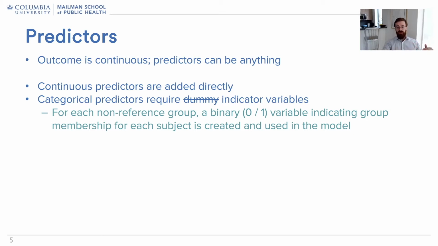And that's going to be coded as 0 or 1. Is it in non-reference category 2, and that's coded as 0 or 1. What you end up with is a collection of 0, 1 variables that says, in short, you have a reference category and you want to make subsequent comparisons for non-reference groups back to that reference category. And I'll show you what I mean by that in just a second.